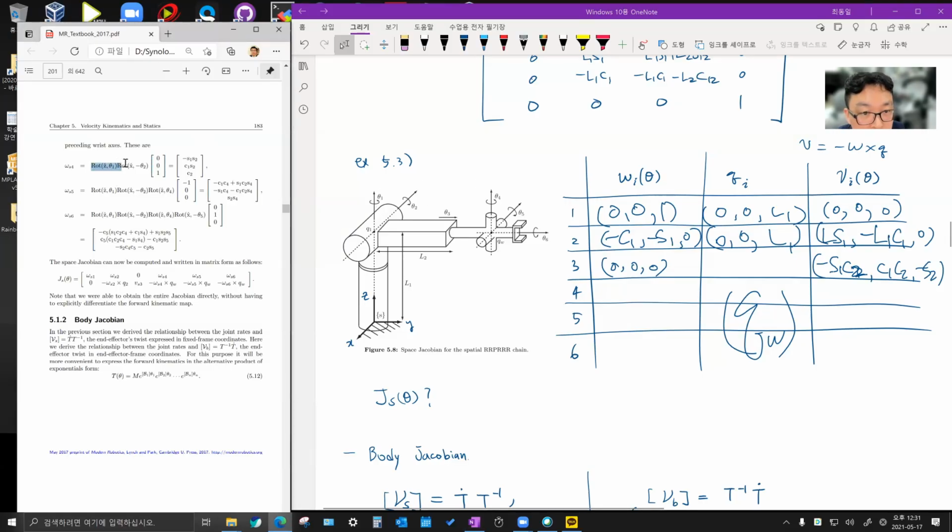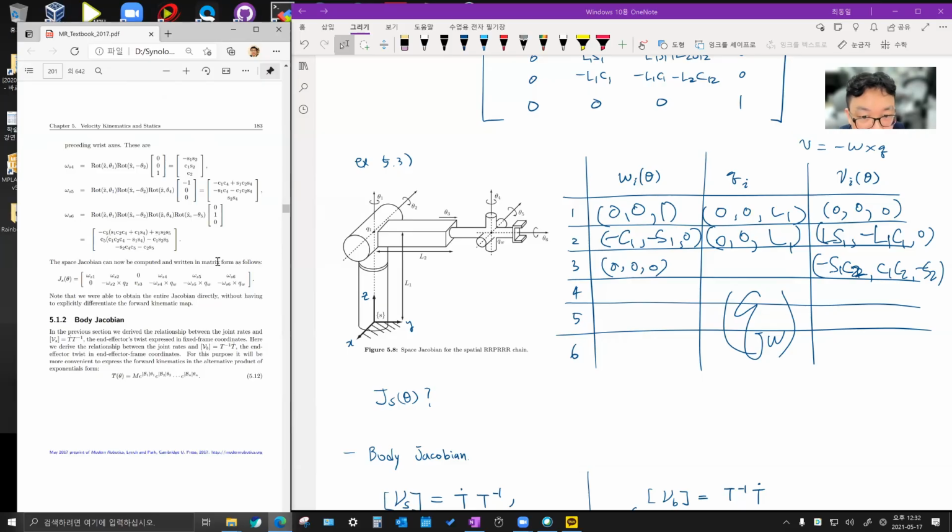So we multiply this on 0, 0, 1. And about the fifth rotation, this rotation is about the minus x-axis, so minus 1, 0, 0, multiplying this one. And in case of theta 5, it depends on theta 4, so this one is also multiplied. And the omega becomes like this, and omega 6 becomes like this.